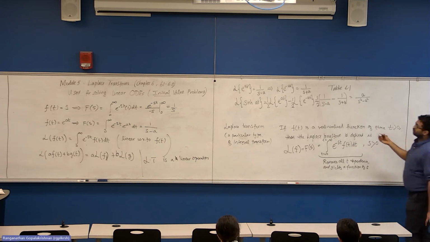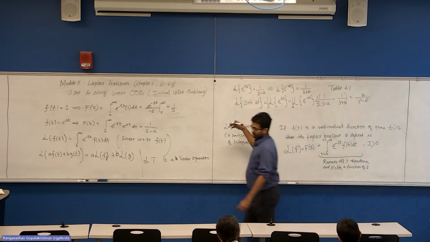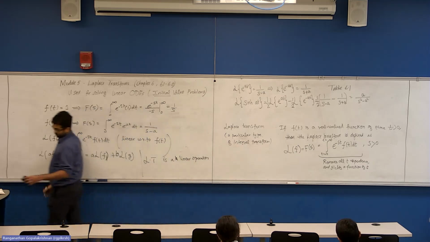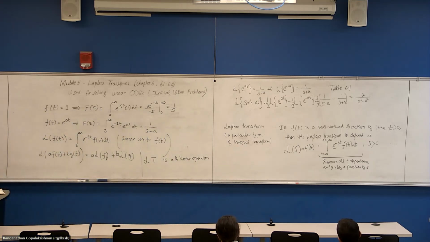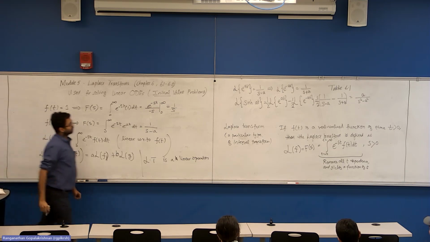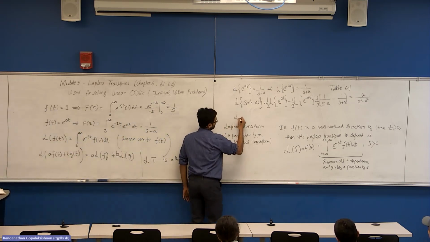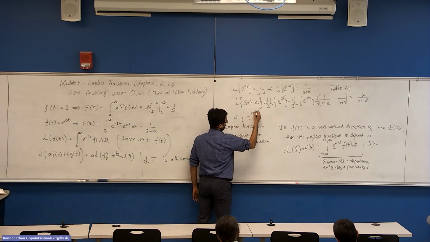And you can do this for cosh. You can do this for many other functions. So if you go to table 6.1, you are given Laplace transforms of various common functions. For example, if you want the Laplace transform of t power n, what will you do?